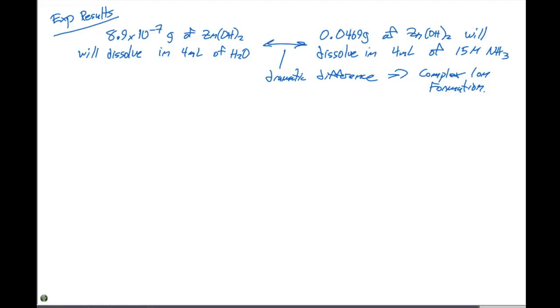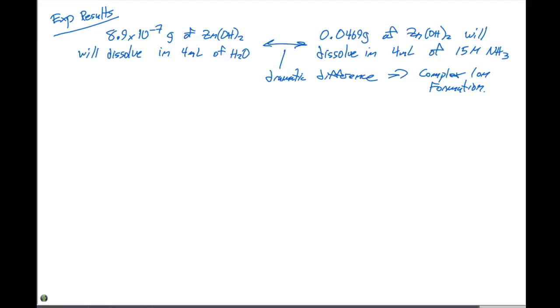If we would add concentrated HCl, the complex ion would form much more readily. So when you're performing the steps in this particular laboratory, keep in the back of your mind which effect is happening. When is the complex ion forming, and how is that allowing us to manipulate the solubility?